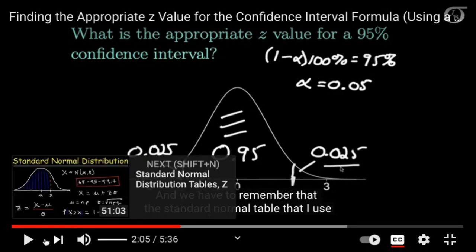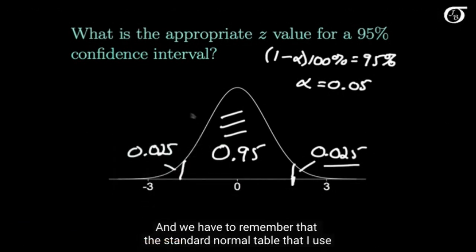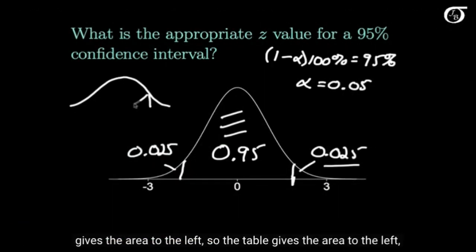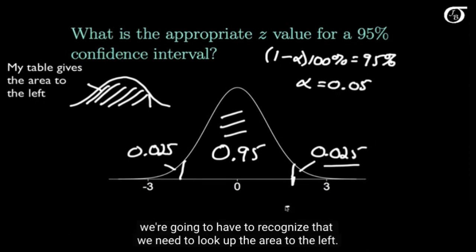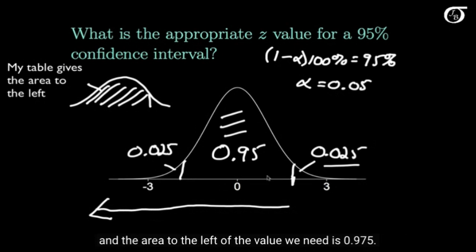Okay. We'll continue. We have to remember that the standard normal table that I use gives the area to the left. So when we go to the table, we're going to have to recognize that we need to look up the area to the left. And the area to the left of the value we need is 0.975.